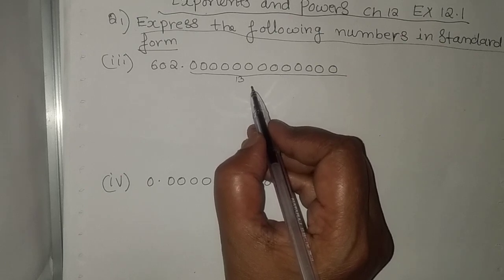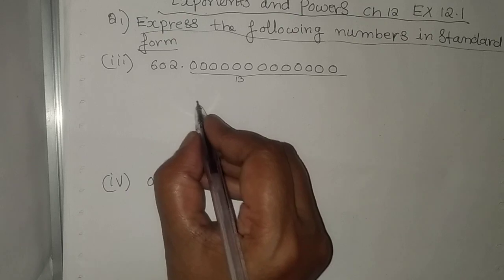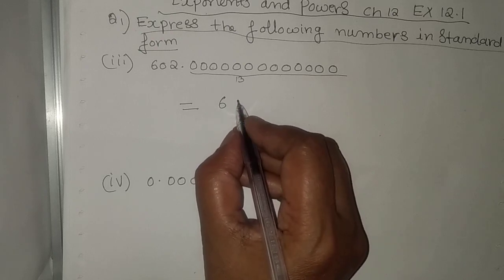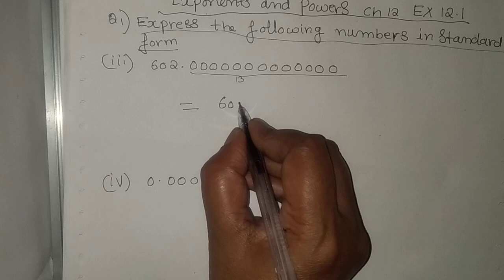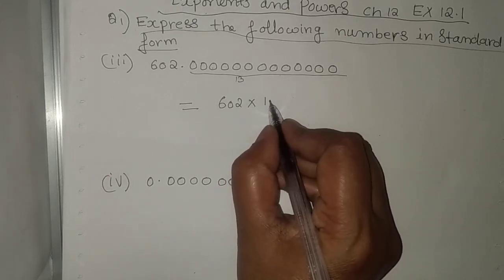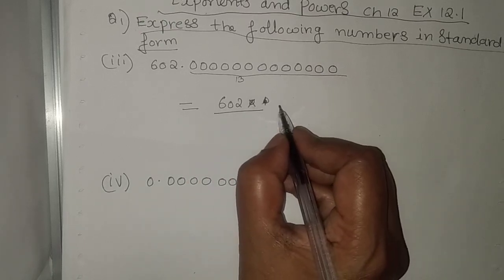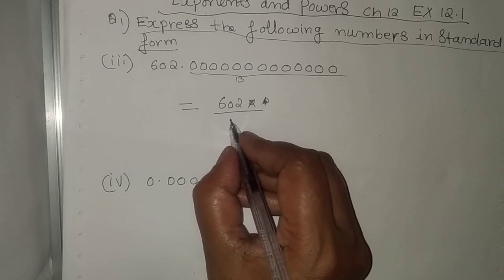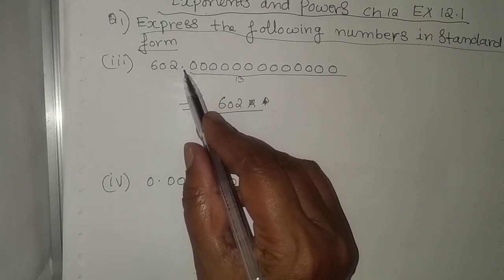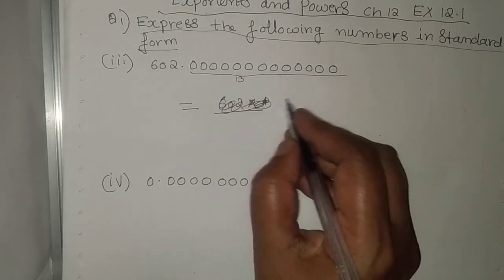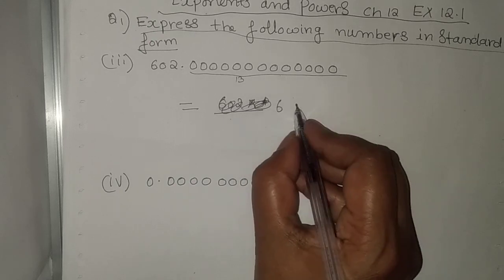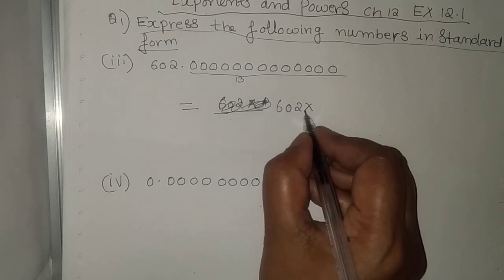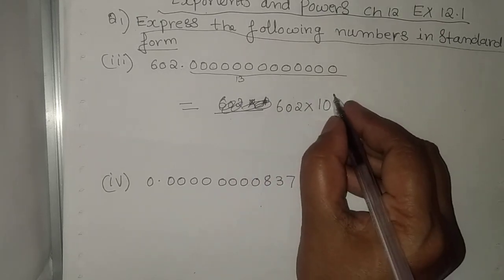For this 13 zeros, we can directly write it as 6.02 into 10 power 13.